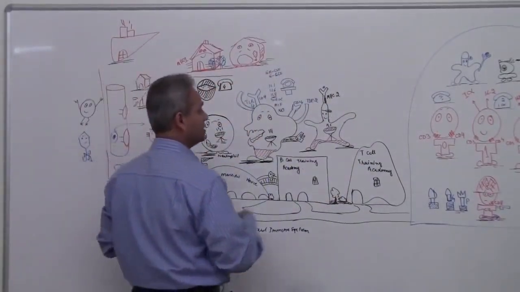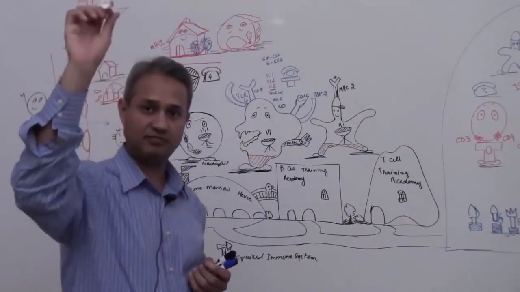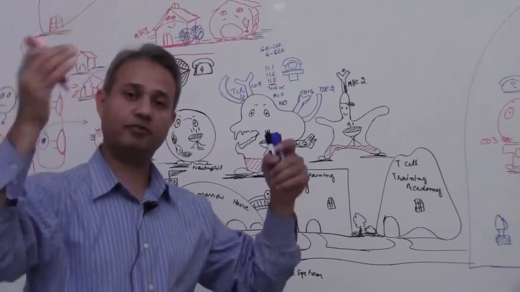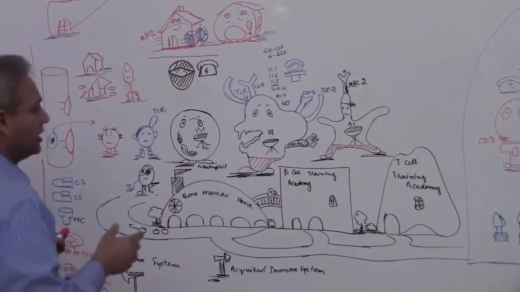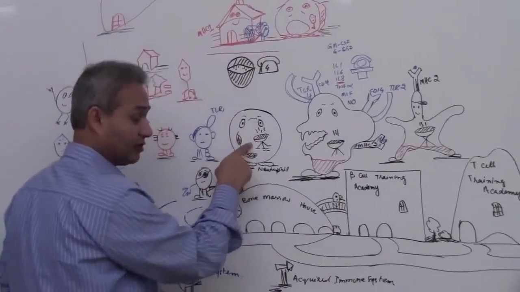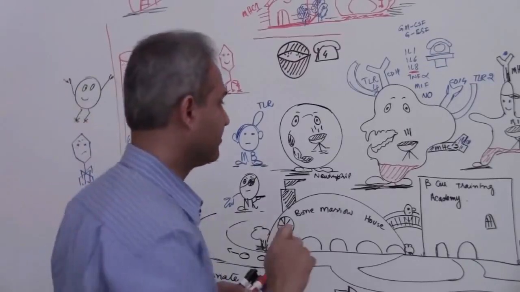And what would happen is some of the cells would then recognize that, oh my God, he's holding a foreign substance. And then they would become active and try to kill the pathogen. So the neutrophil is a phagocytic cell, but not an antigen-presenting cell.